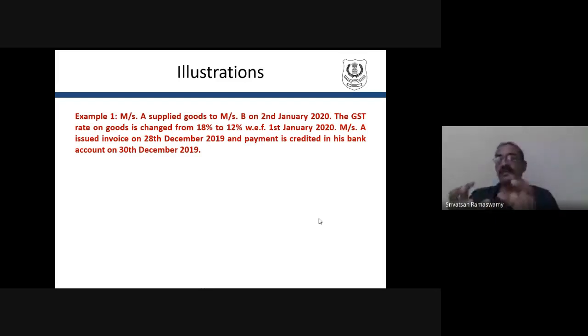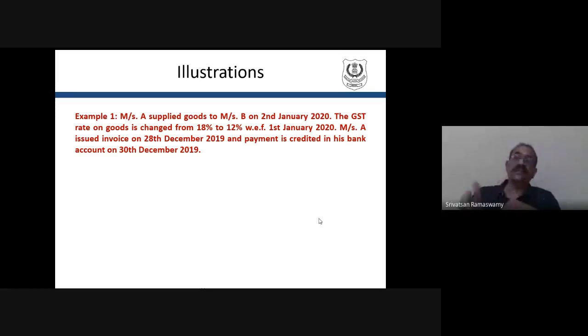Let us assume that I have entered into a contract to supply machinery of 10 lakh rupees. So I am supplying it on 2nd of January. In the meantime, from 1st of January, the rate of tax has been reduced for the goods that I am supplying from 18% to 12%. When the goods were actually delivered, it was only on 2nd of January.